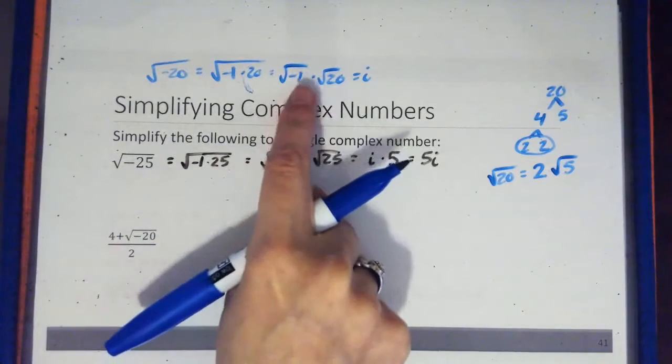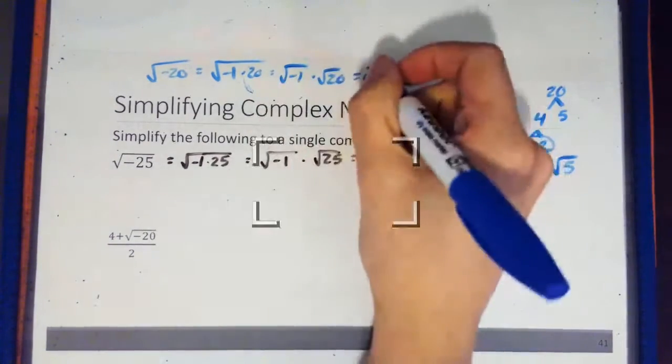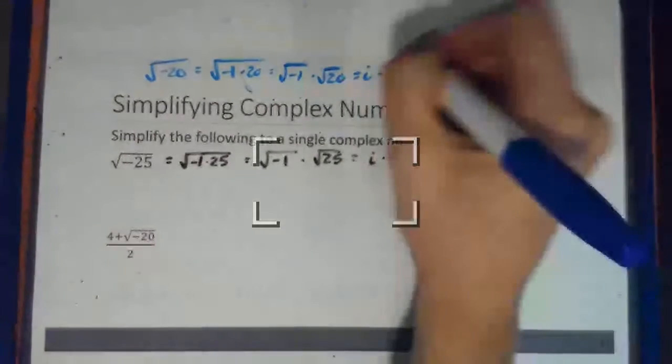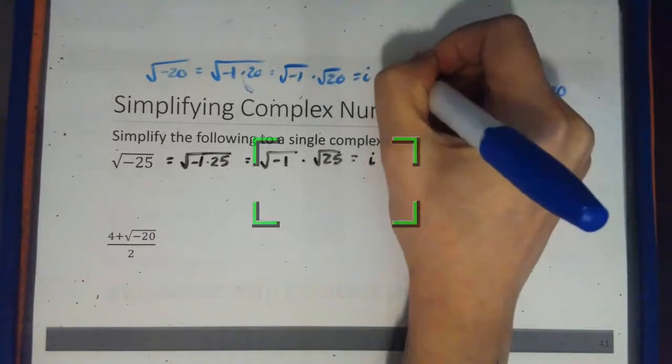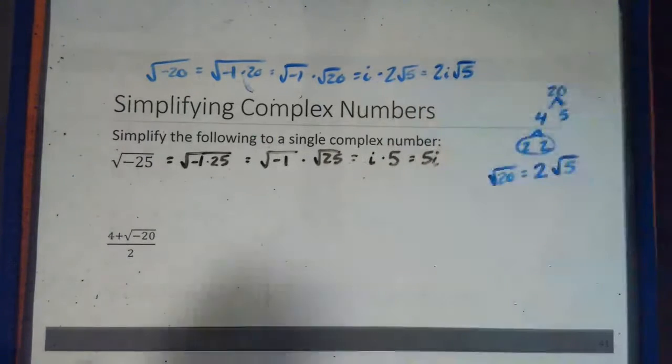So looking at the square root of -1 times the square root of 20, we get i from the square root of -1, times 2, times the square root of 5. And we're going to write that as 2i times the square root of 5. In general, the i usually goes last.